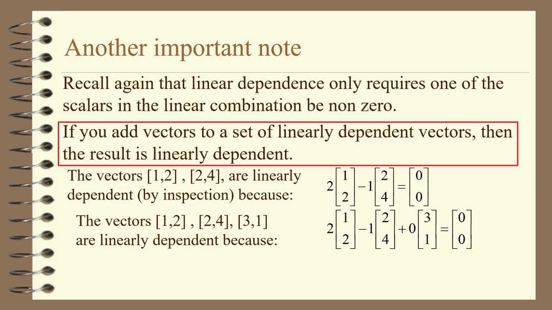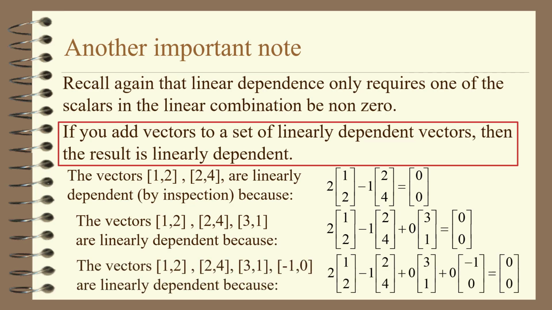As long as at least one of them is not, it's considered to be a non-trivial linear combination. If I add on yet another vector, I can throw that into the linear combination just by putting the scalar 0 in front of it. This new linear combination of these 4 vectors still adds up to the 0 vector, and notice it's a non-trivial linear combination because at least one of the scalars is non-zero.